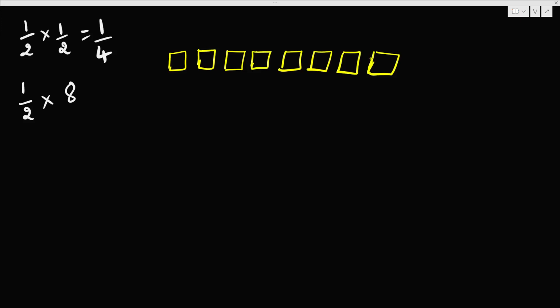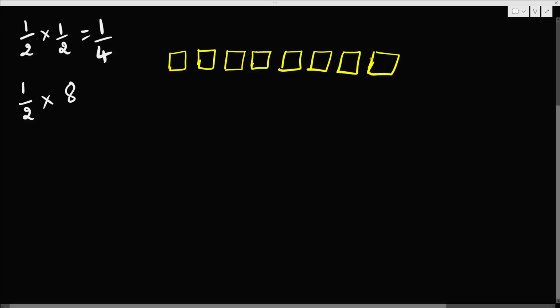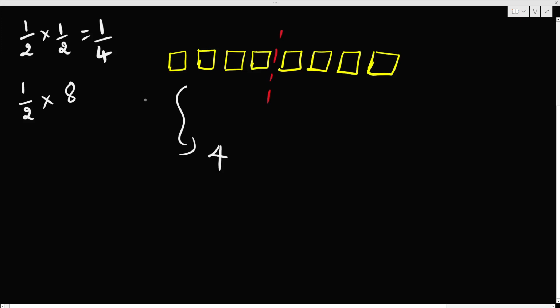Now I will divide these into two equal groups. So you can see half of 8 is only 4. So this is 4. This is half of the 8.